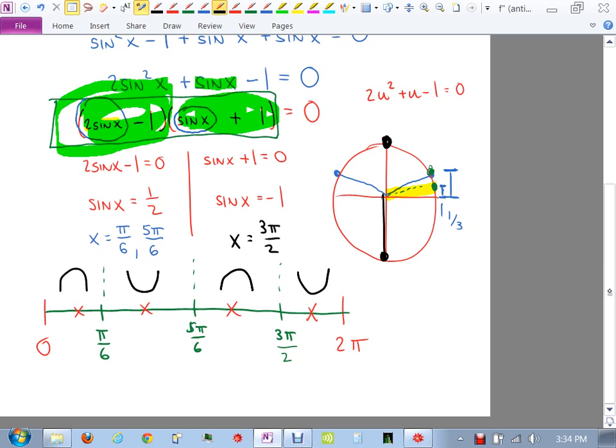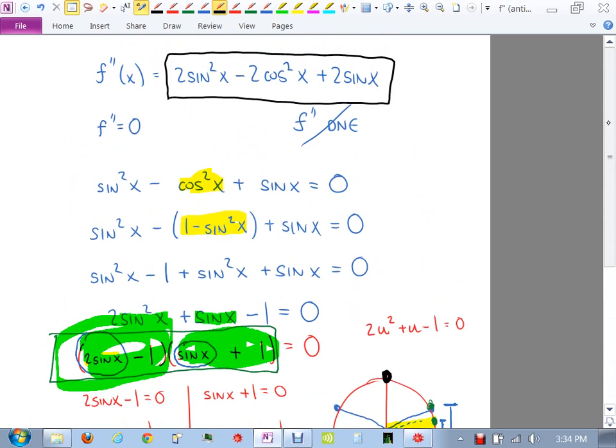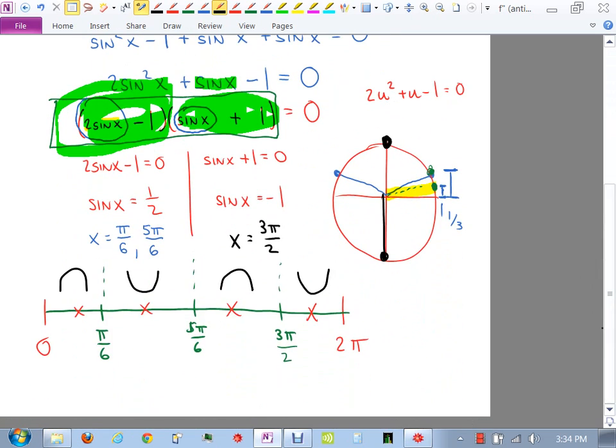So where are the intervals? Did we even do that earlier? You could do all the intervals, though, now. I mean, at this point, all the information's there, right? All you have to do is say, it's concave up between pi over 6 and 5 pi over 6, unioned 3 pi over 2 to 2 pi, concave down from 0 to pi over 6, union 5 pi over 6 to 3 pi over 2.